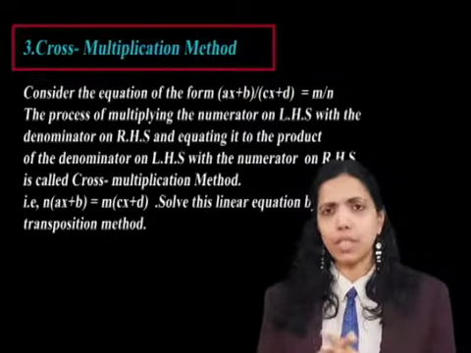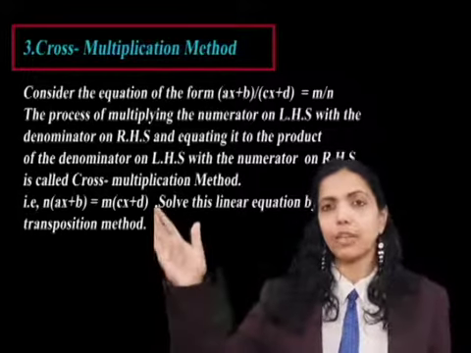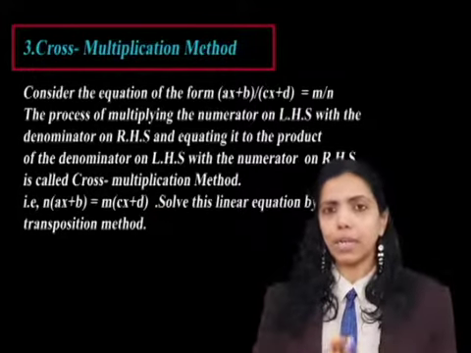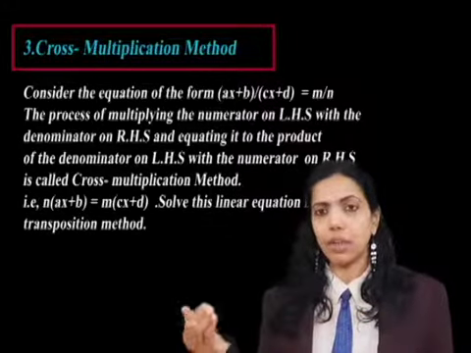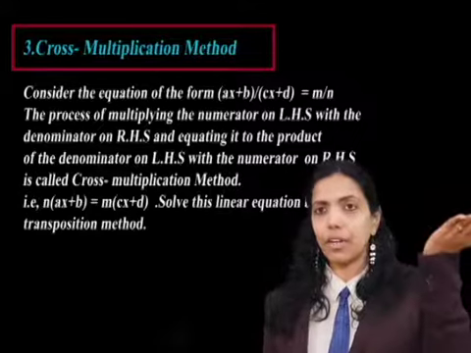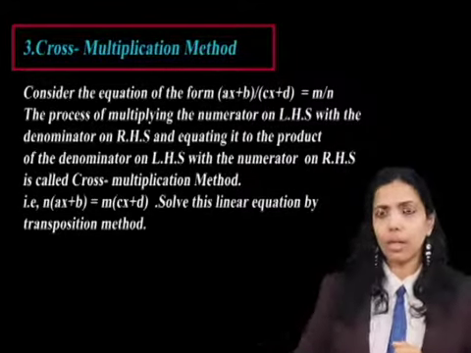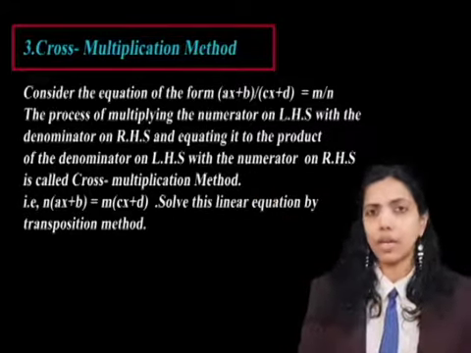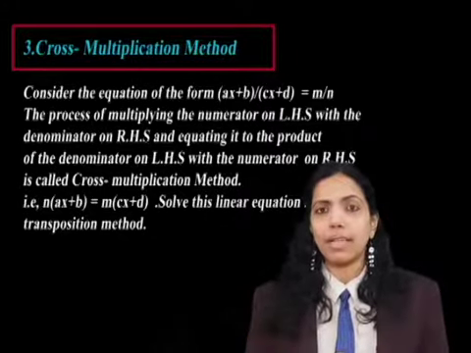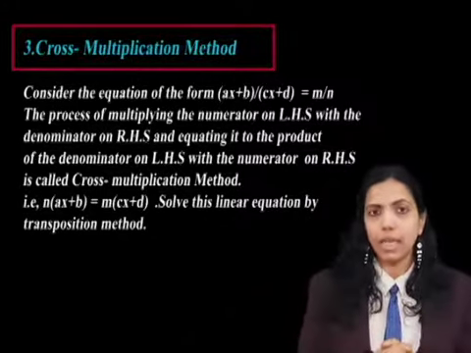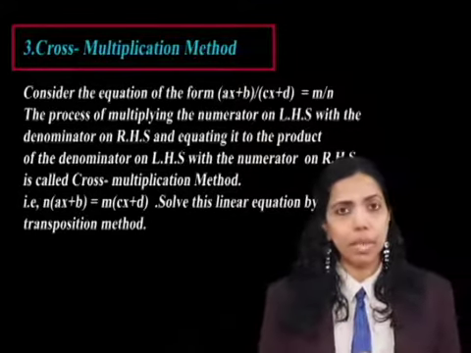The process of multiplying the numerator on the left with the denominator on the right hand side and equating it with the product of the denominator on the left hand side with the numerator on the right hand side is called cross multiplication. That is, we are getting n times (ax plus b) equals m times (cx plus d). This method is known as cross multiplication.